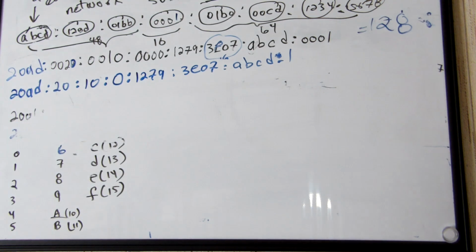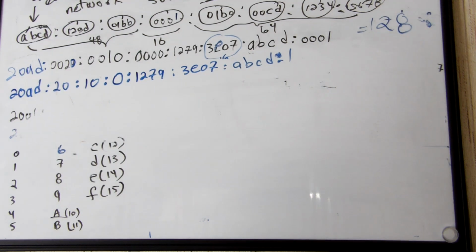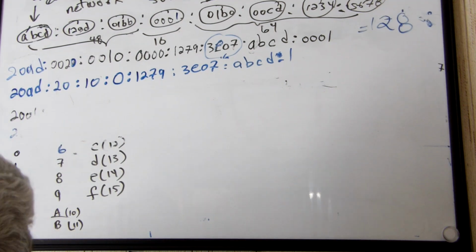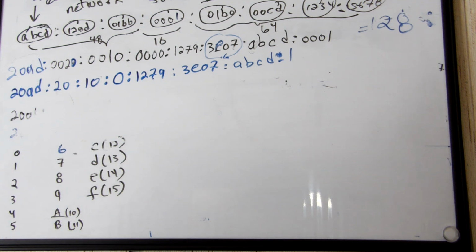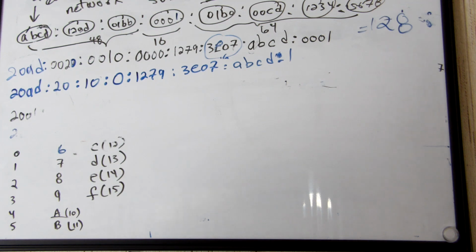See, subnetting in IPv6 is a lot easier than subnetting in IPv4, because they give you a network. Your boss tells you, okay, this is the network ID, and you have to subnet it, and it depends how many departments there are and how many computers there are in there.